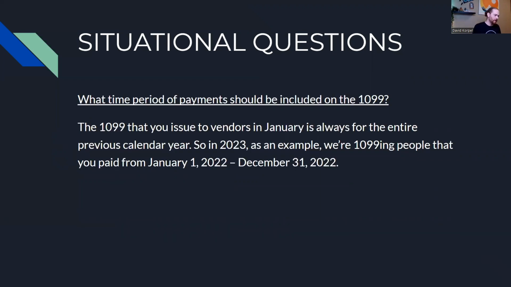So what time period of payment should be included in the 1099? The 1099 that you issue to vendors is always for the entire previous calendar year. So we only issue 1099s once per year. In 2023, we're going to be 1099ing people that you paid from January 1st, 2022 to December 31st, 2022.